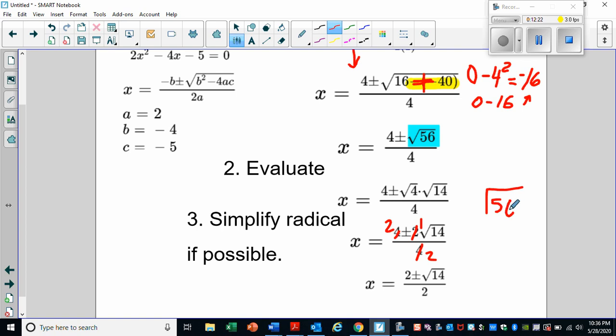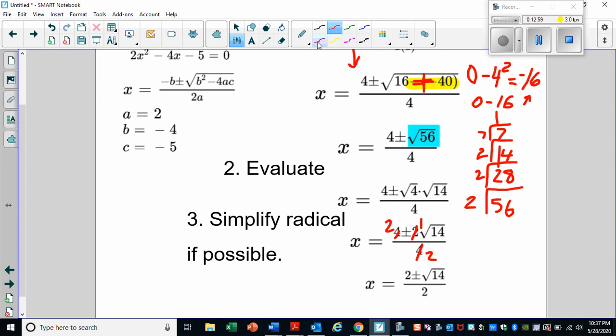56, 2, 28, 2, 14, 2, 7. And then 7. And then 1 to top off your birthday cake.